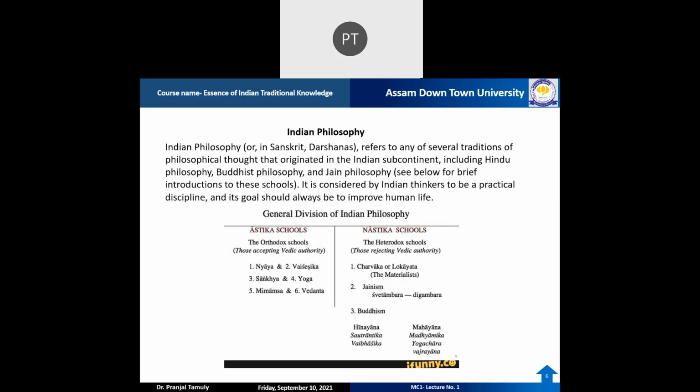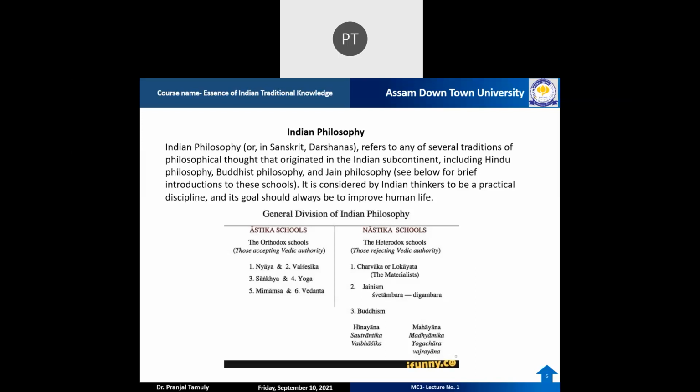But apart from that, there are some specific divisions in Indian philosophy. Indian philosophy, in Sanskrit, is called darsanas or darshan shastra. It refers to several traditions of philosophical thought that originate in the Indian subcontinent, including Hindu philosophy, Buddhist philosophy, and Jain philosophy.